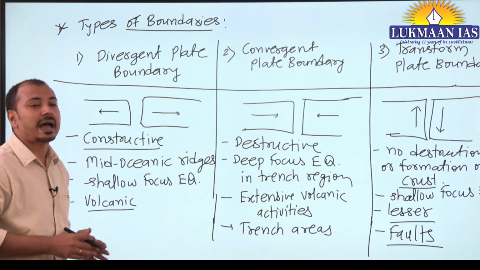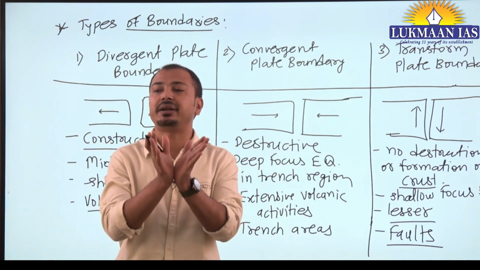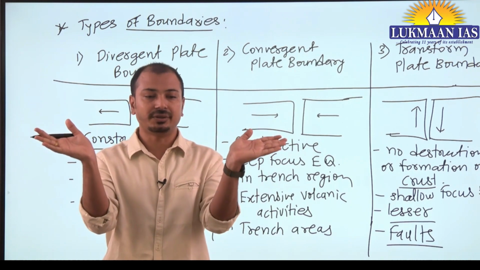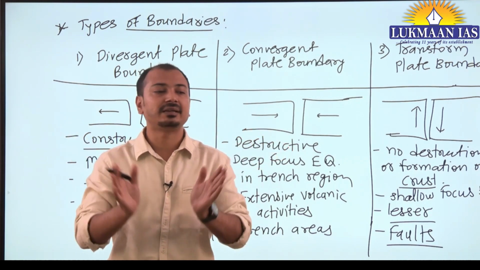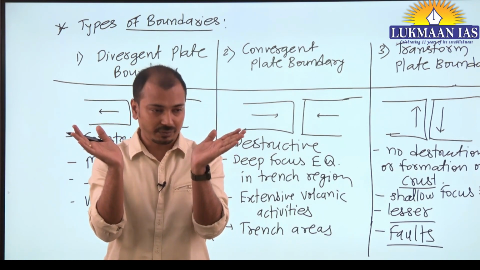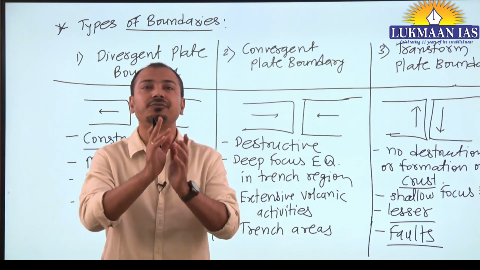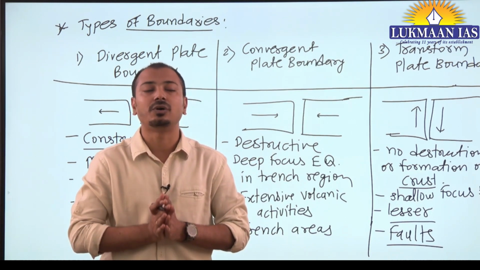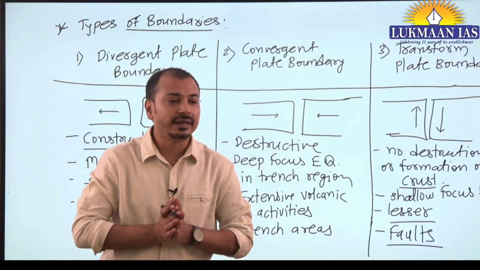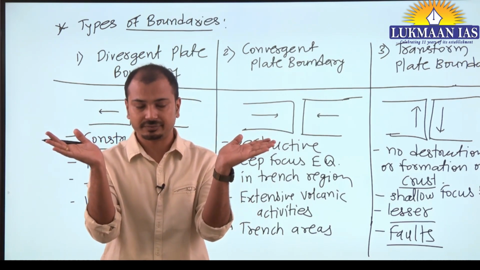What is happening at the mid-oceanic ridge? These plates are separating from each other. That's why we are saying it is a divergent plate margin or boundary. At the mid-oceanic ridge region, in the sea floor spreading hypothesis, what we have learned is that there is movement away from the mid-oceanic ridge.